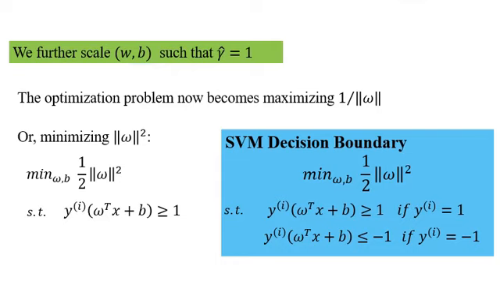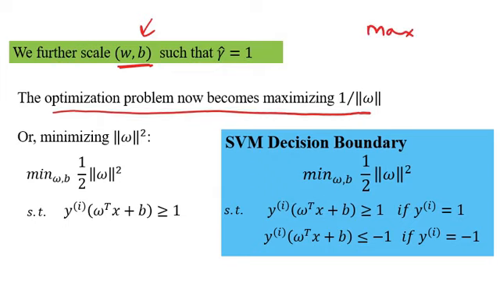So we further scale w, b. You might recall that in functional margin, we can rescale w, b and change the functional margin. So we are using that property and scaling it so that gamma hat equals 1. Now the optimization problem, which was maximizing gamma hat divided by the norm of w, can be written as maximizing 1 divided by the norm of w, because we have rescaled w, b to enforce gamma hat equal to 1.